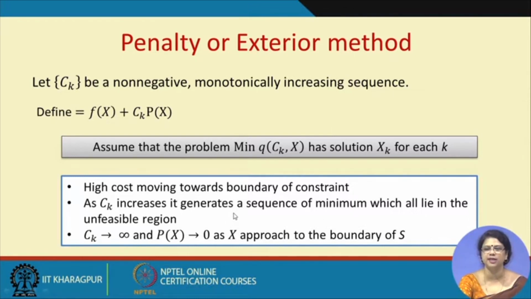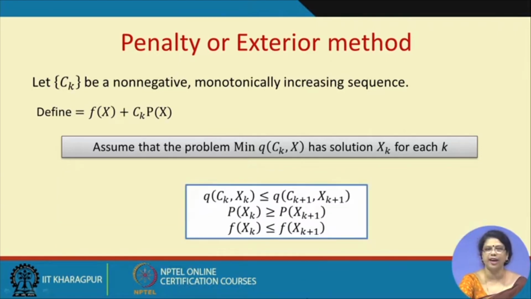That limit point of the sequence of optimal solutions will give you the optimal solution of the original problem. And for the exterior penalty function method, as I said, as Ck tends to infinity, Px tends to 0, because x approaches the boundary of the feasible set.